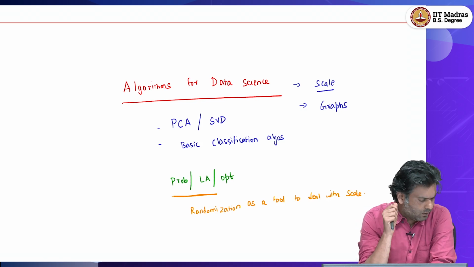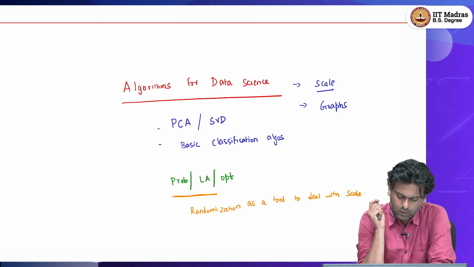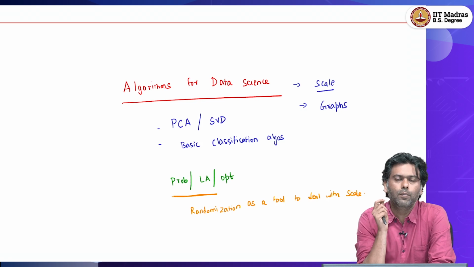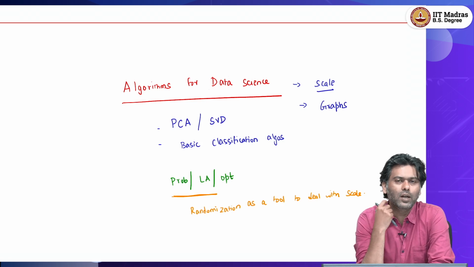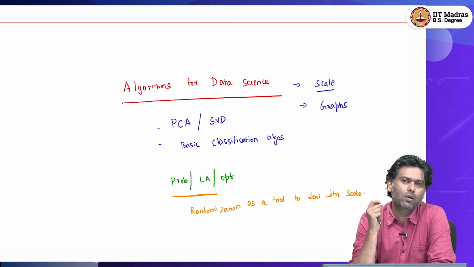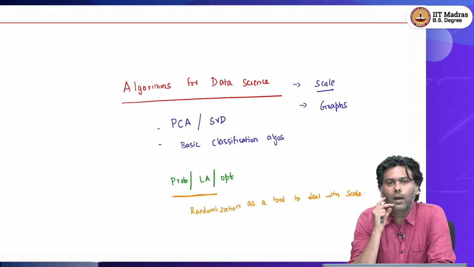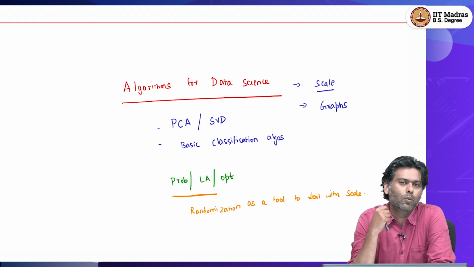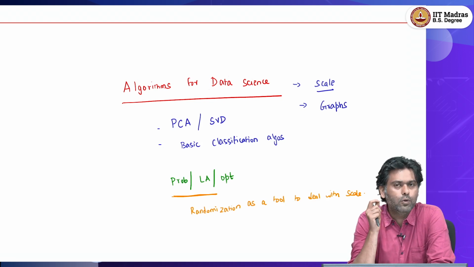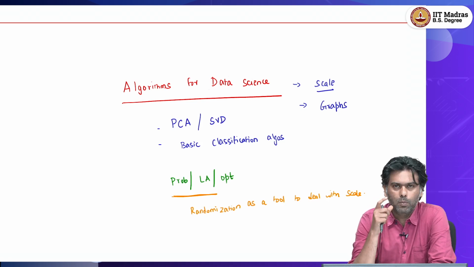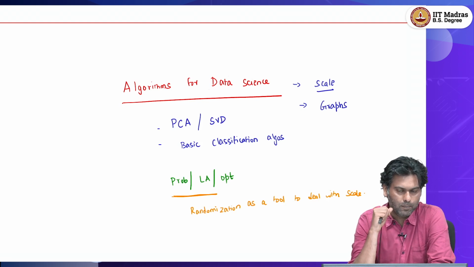So, in fact, what we will do in this lecture is to start by reviewing our understanding of probability a little bit, and then what I intend to do is present to you one amazing application of probability that can help us deal with the problem of scale in machine learning.